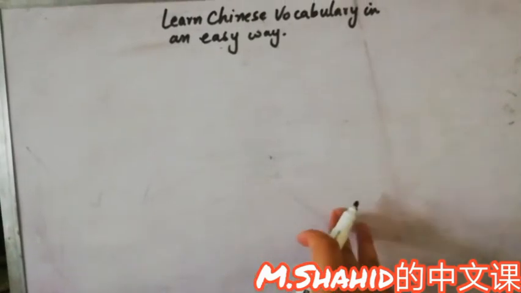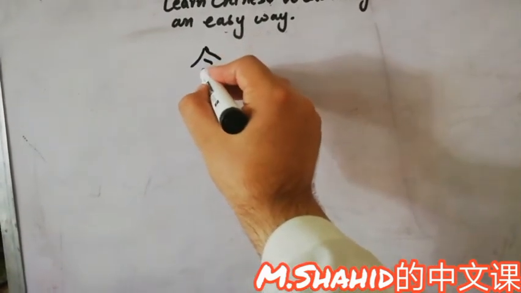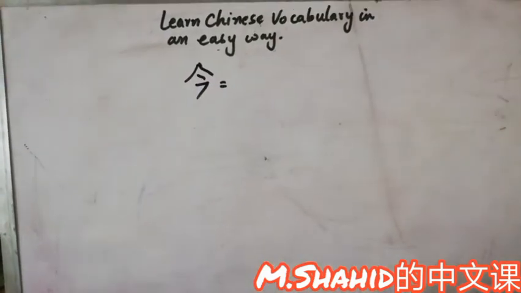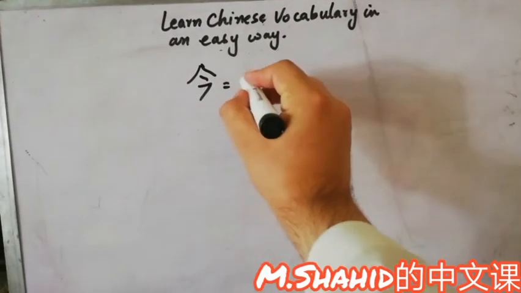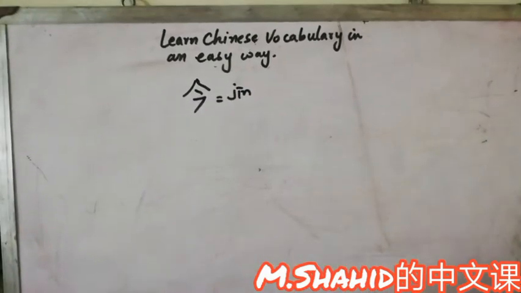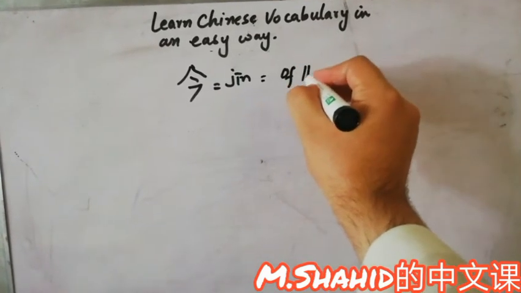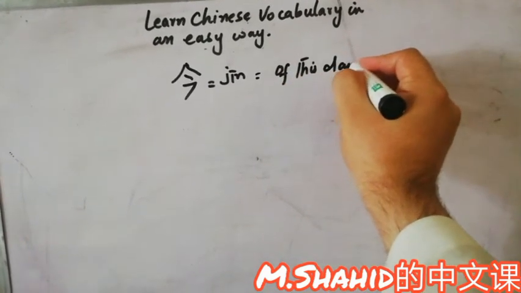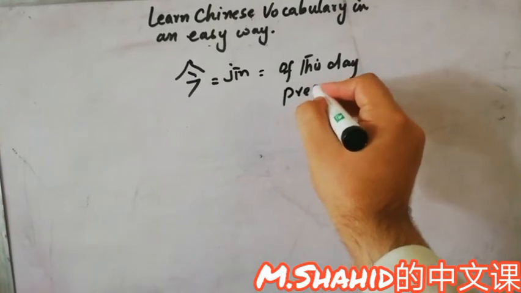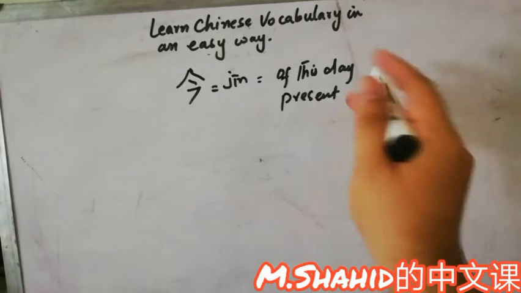There's a character in Chinese language that is written like this. This is Jin. Alone it means of this day or present.